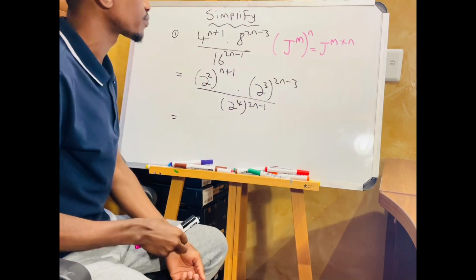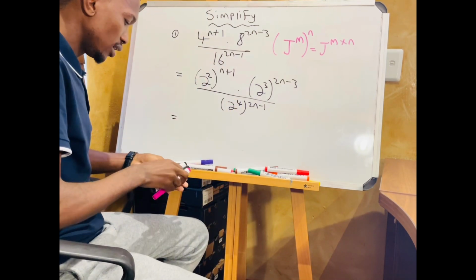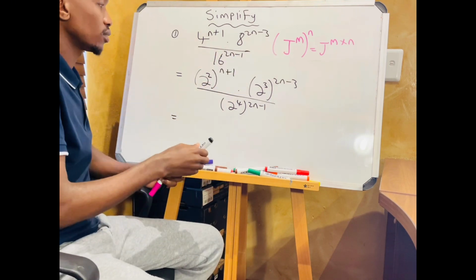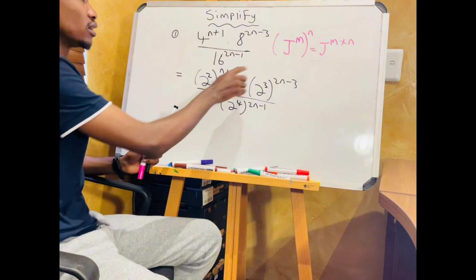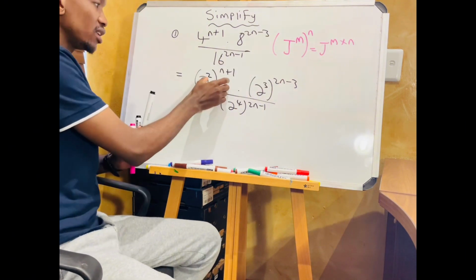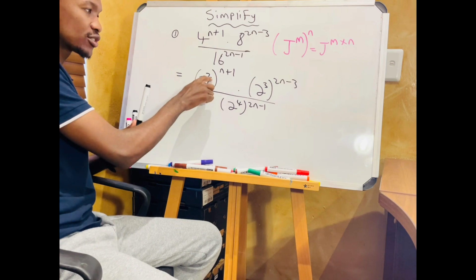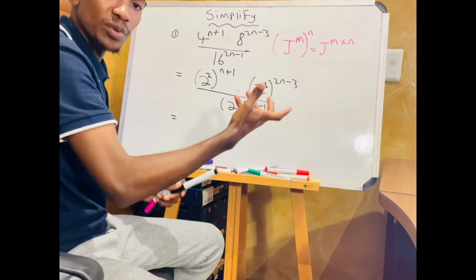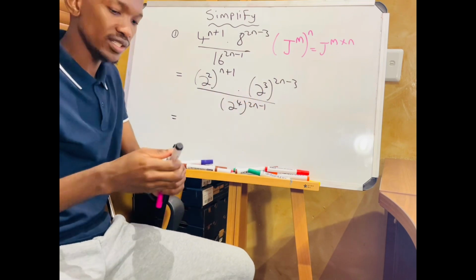Okay, so now let's continue. Let me apply that law right now. You see that I multiplied m by n here, right? So let me also apply it here. The exponent is 2, it's 3, it's 4. So I can apply the law of exponents of distribution, right? Check it out.